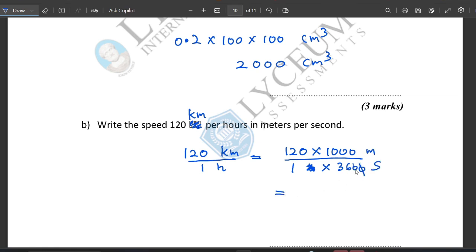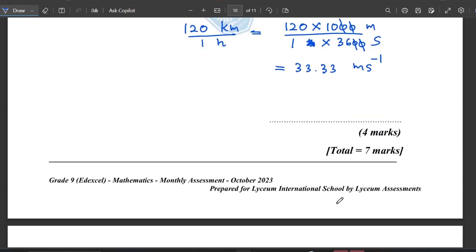So this is cancelling out, divide 1200 by 36. That gives me 33.33 meters per second.